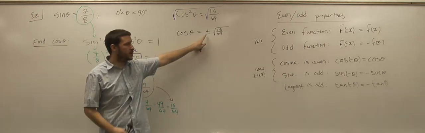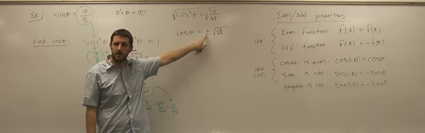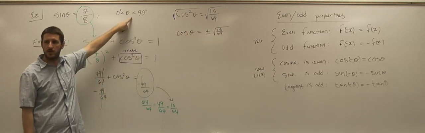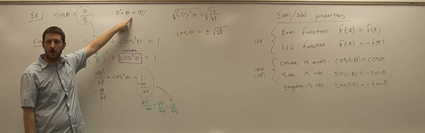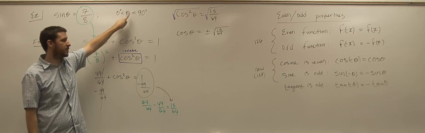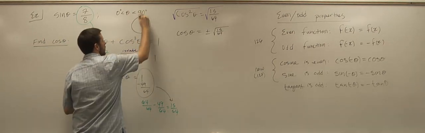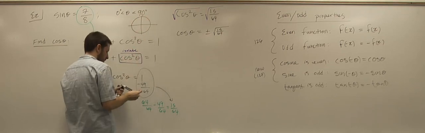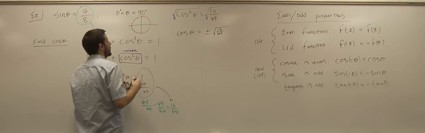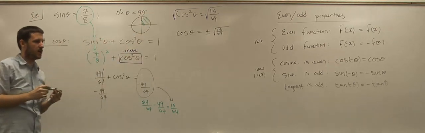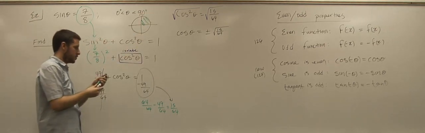How do I know whether to choose plus or minus here? Quadrant. Cosine is positive or negative in the first quadrant? Positive. Cosine is the x values. Between 0 and 90, all your x values are going to be positive. So you choose this.